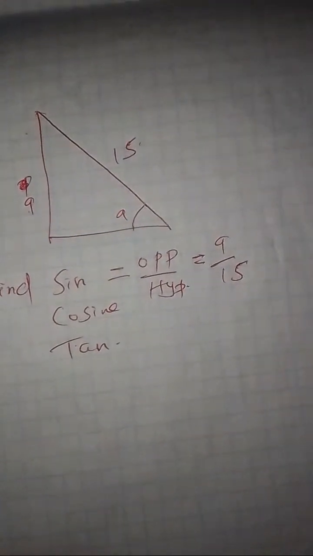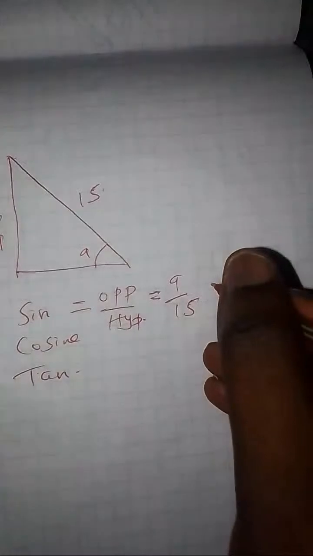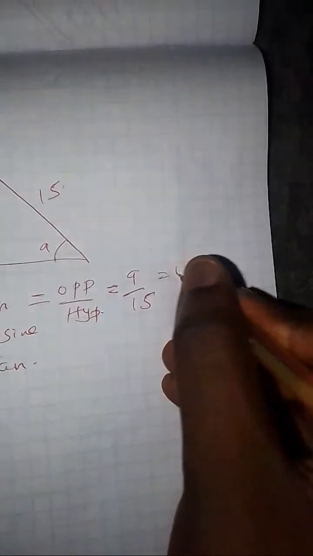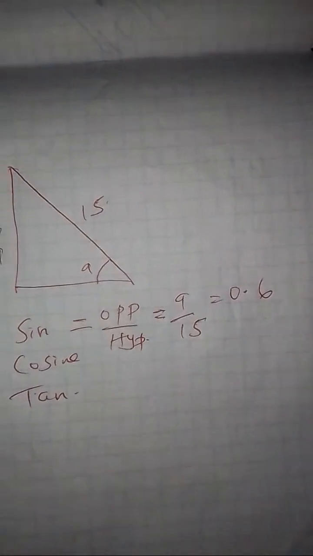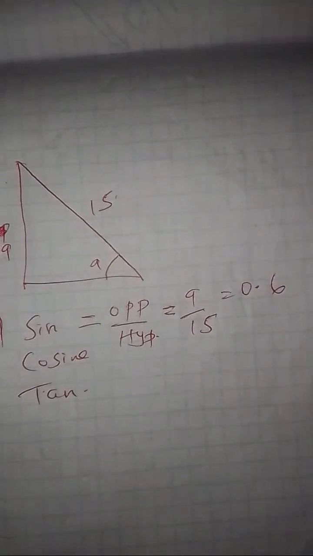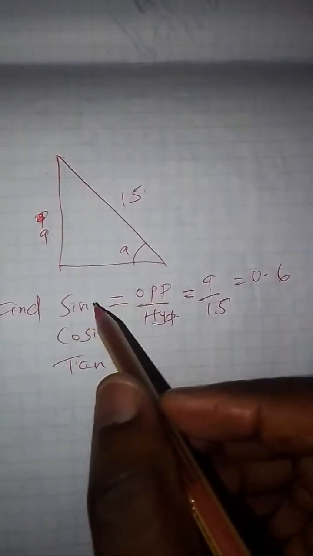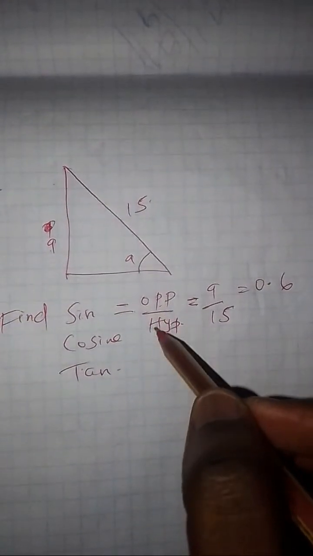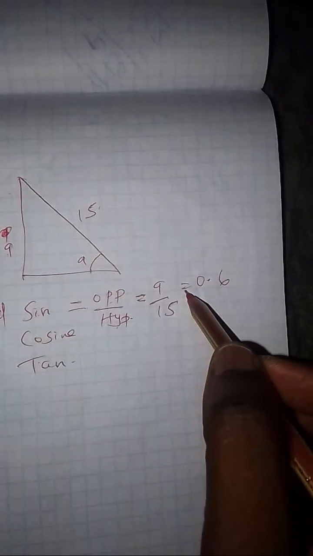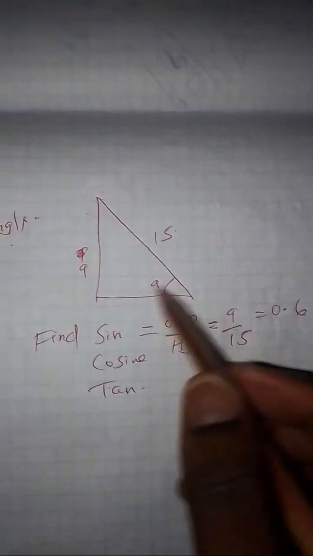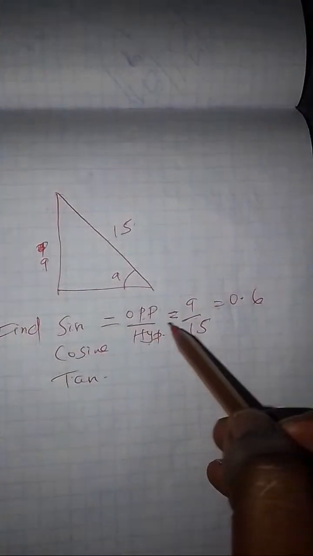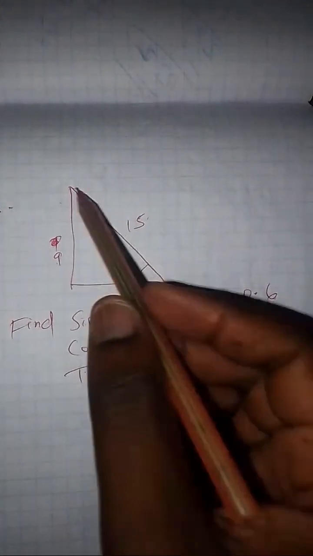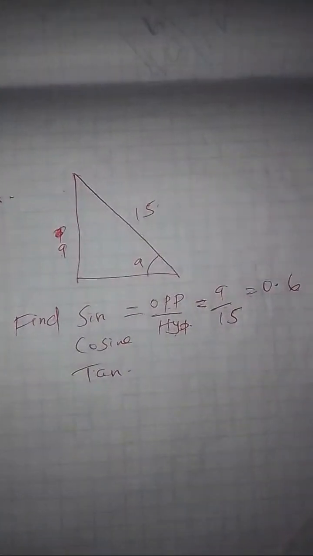We shall have 0.6. Meaning that the sine, given that it is opposite over hypotenuse, is 0.6, because the opposite is 9 and the hypotenuse is 15, that side that is slanting.